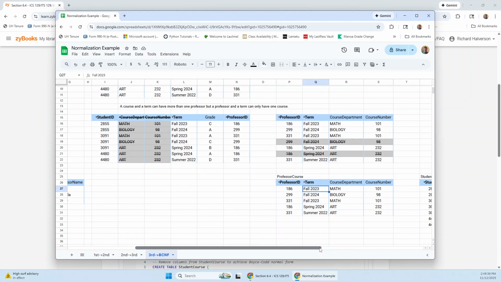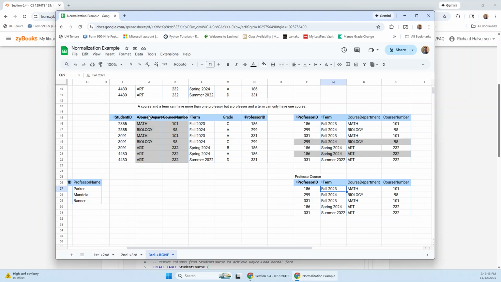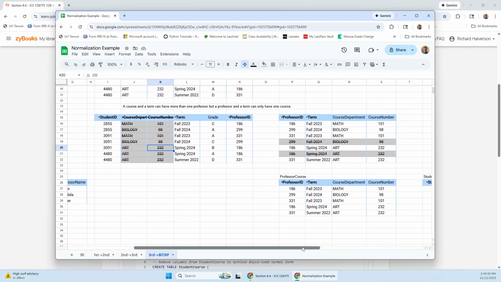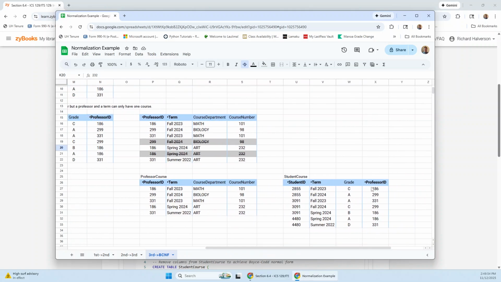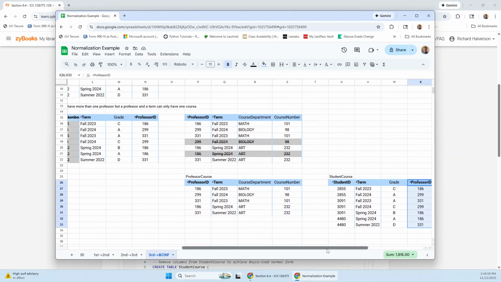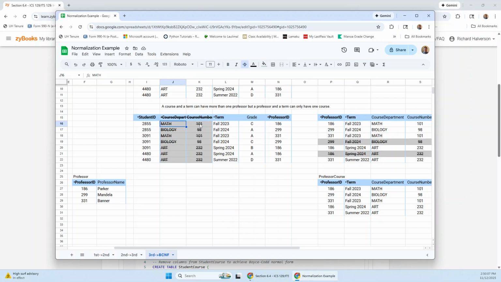But also, when we remove these two columns from this table, they're all still unique, but the professor ID now will replace the course department and course number, because the course department and course number can be determined by the professor ID and the term.